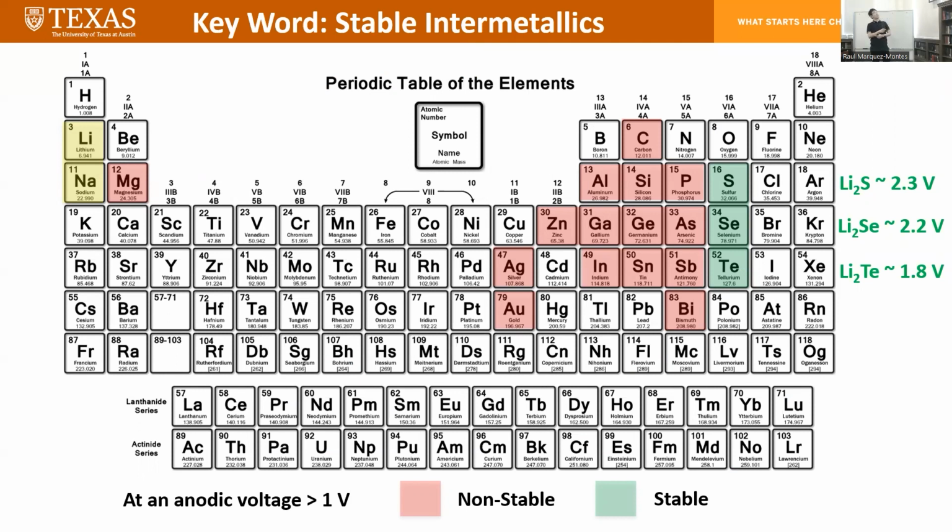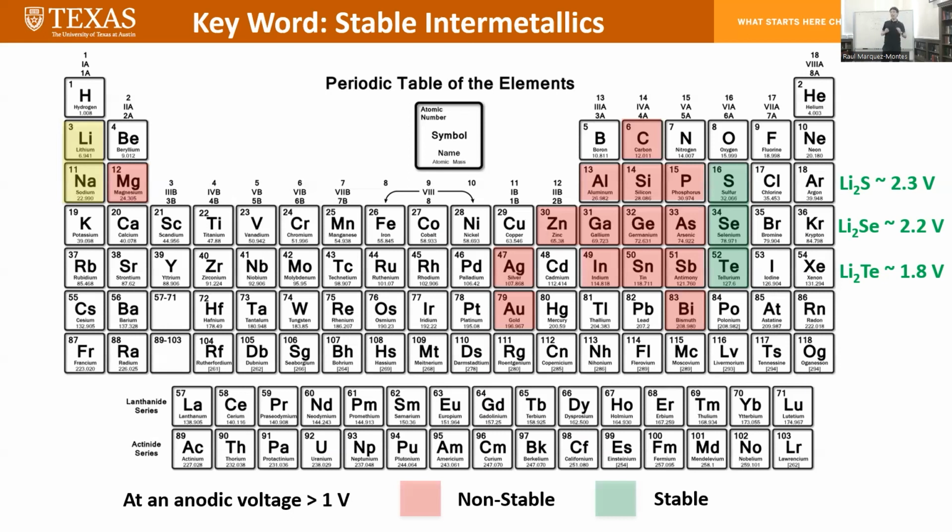However, when we check a certain group, like group 16, especially sulfur, selenium, and tellurium, all of those have been reported as very good cathode materials. If you use them as cathodes, that means they have a relatively high potential. They won't undergo alloy reactions or decomposition under relatively high voltage. For example, lithium-sulfur is almost 2.3 volt, and lithium selenide or lithium telluride are all approaching 2 volt.